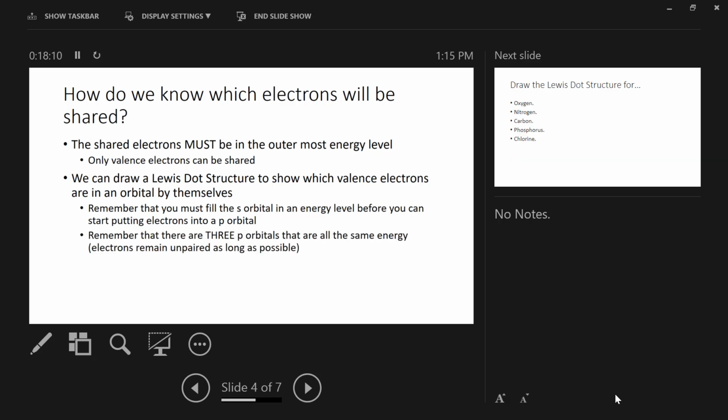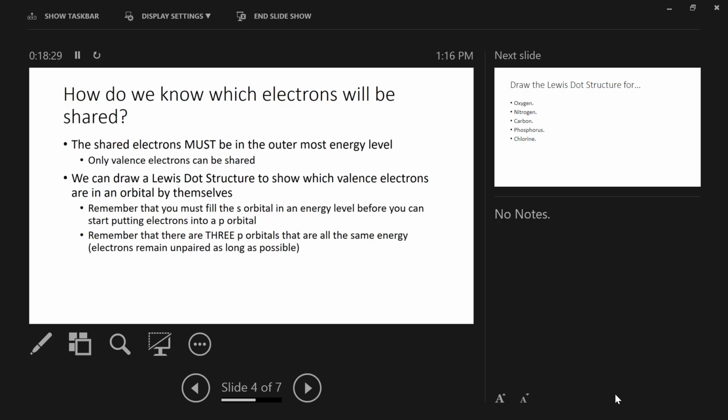On top of that, you need to remember this. There are 3 p orbitals that are all in the same energy level, and that electrons remain unpaired as long as possible. Right, you all saw this on your worksheet. We talked about this during our class time together.